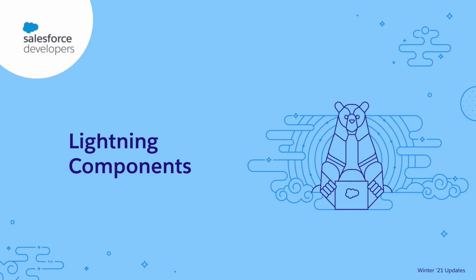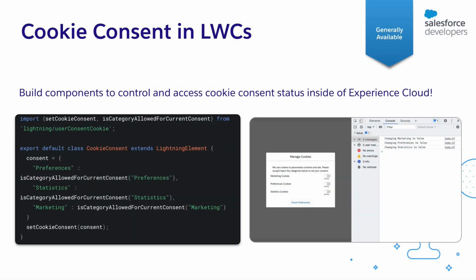So today I'm going to try to cover several announcements that have been done. I'm going to divide them by topic, and I'm going to start talking about Lightning components, because it's also Lightning web components and Aura components for some of the features. So what do we have in this release for Lightning components?